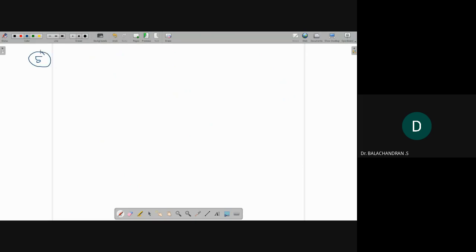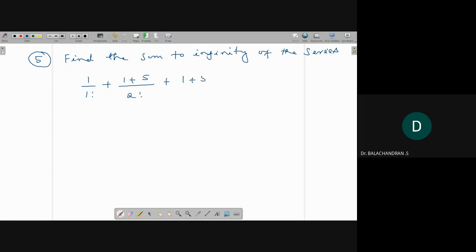The fifth problem. Find the sum to infinity of the series 1 by 1 factorial plus (1 plus 5) by 2 factorial plus (1 plus 5 square) by 3 factorial plus and so on.